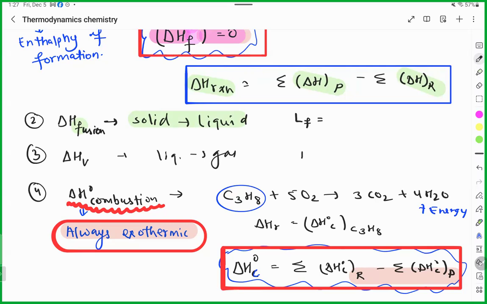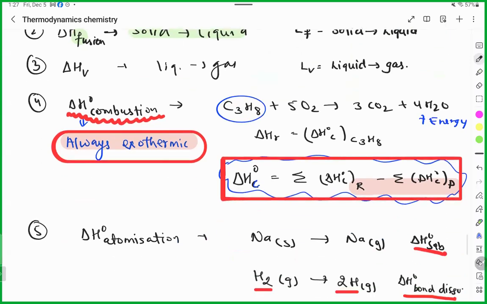And latent heat of vaporization. In latent heat of fusion, ice converts into water, correct? Solid converts into liquid. In vaporization, liquid converts into gas, like water converts into vapor. So this is heat of vaporization.